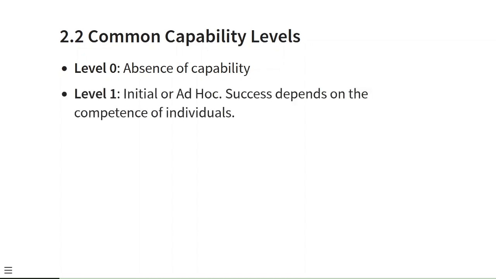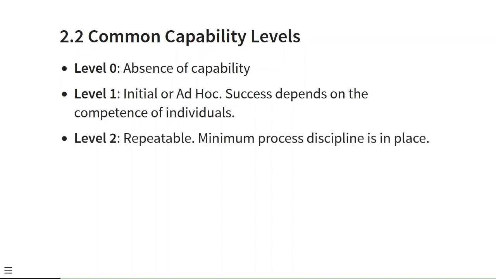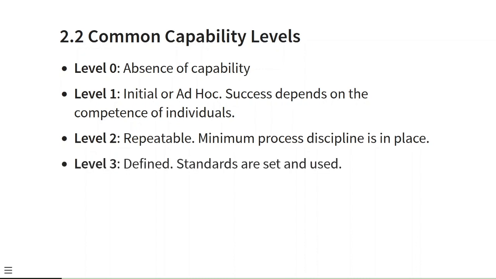The common capability levels are: Level 0, which denotes an absence of capability. Level 1, called initial or ad hoc, where success depends on the competence of individuals. Level 2, repeatable, where minimum process discipline is in place.